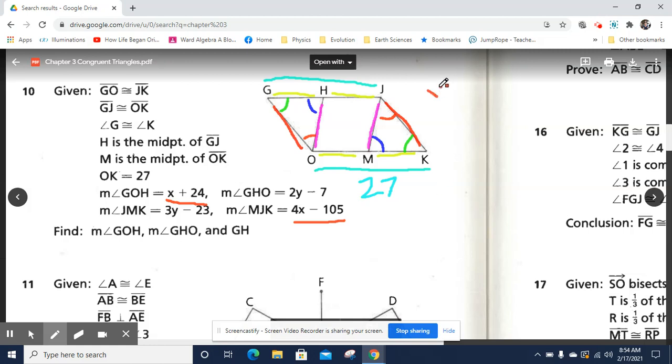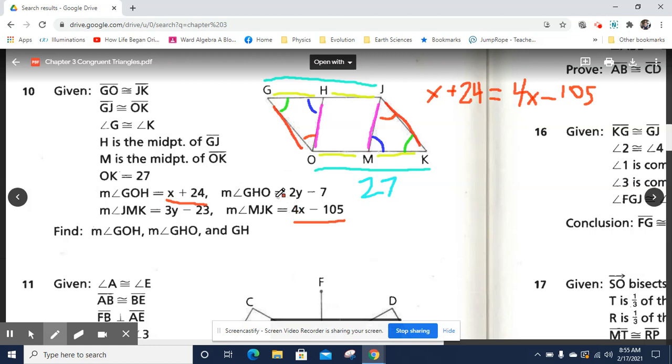So x plus 24 is going to equal 4x minus 105, because those angles are congruent, so their measures are congruent. That will allow you to solve that, and that'll give you those two angle measures if you want them. We just want GOH, but MJK will be the same as GOH.